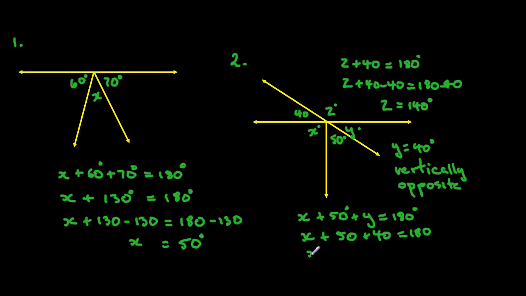That means we've got x plus 90 equals 180 degrees, which means that x must be a 90 degree angle. It does look like a 90 degree, but remember, we can't just go by what it looks like, we have to show it, and we have shown it so that in fact x is a right angle.